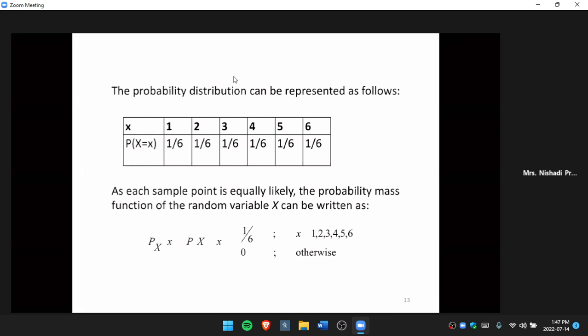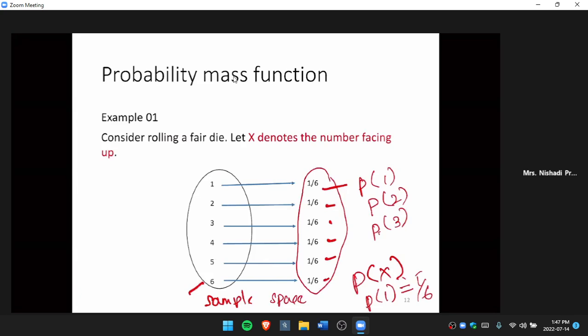Understand? So in this example, capital X denotes the number facing up. If we roll a fair die, X is the number facing up. X has 6 values. It can be either 1, 2, 3, 4, 5, or 6.